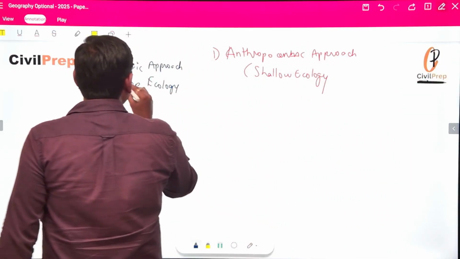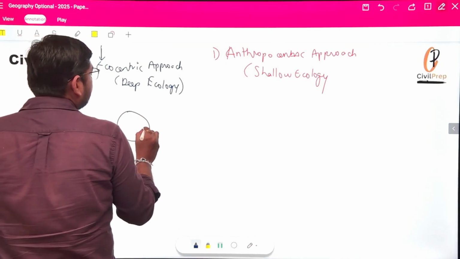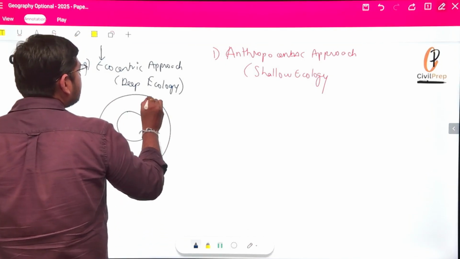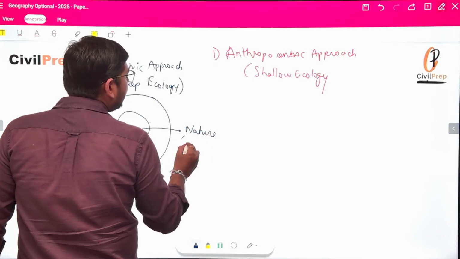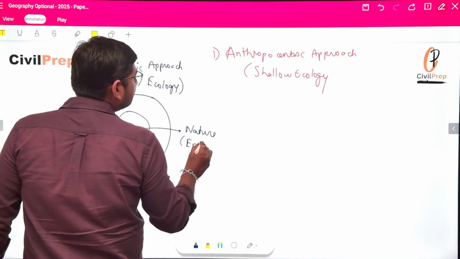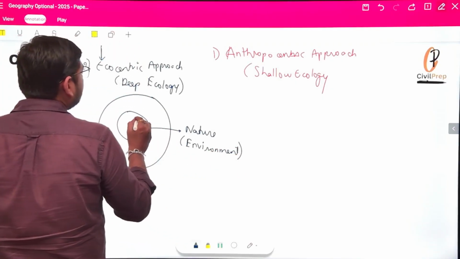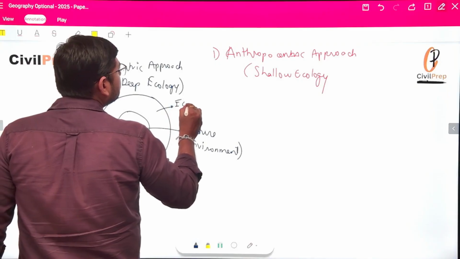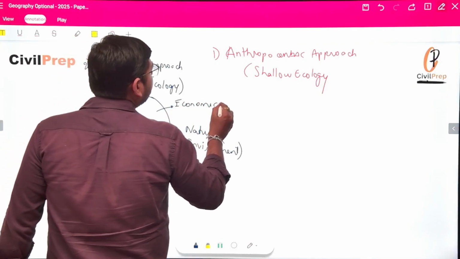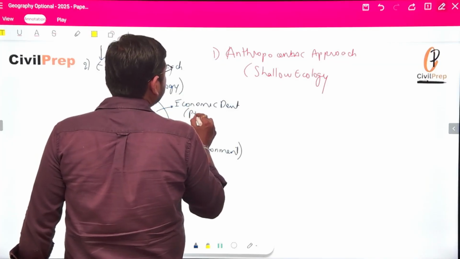In the ecocentric approach, we see that nature or environment is kept at the center, and development is kept at the periphery.